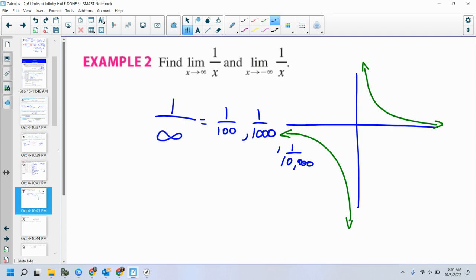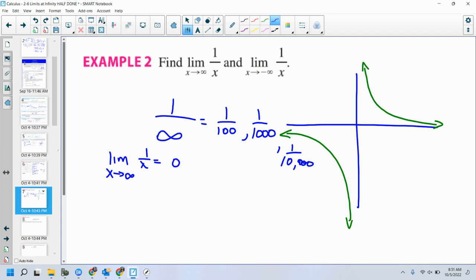It's getting smaller and smaller and closer to what? 0, right? So we can say that the limit as x goes to infinity of 1 over x is 0. Which makes sense because we know what 1 over x should look like. It's bottom heavy, got a horizontal asymptote at 0.